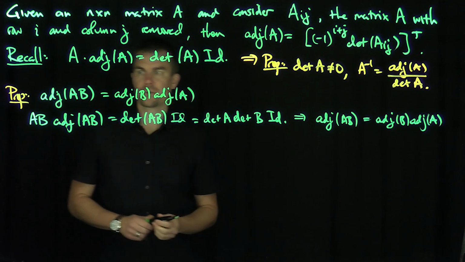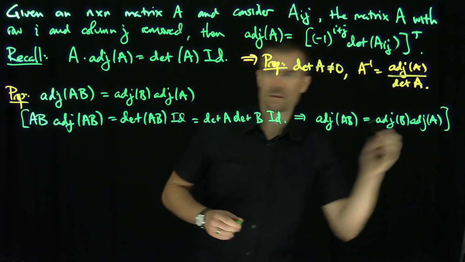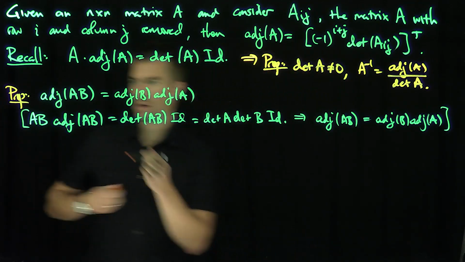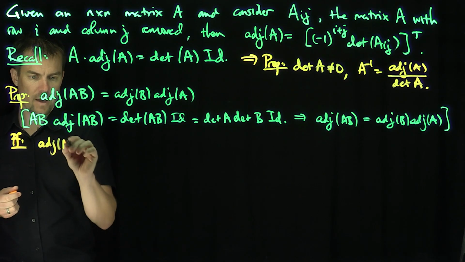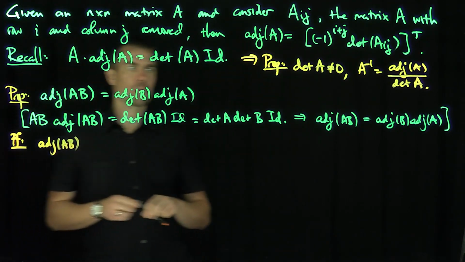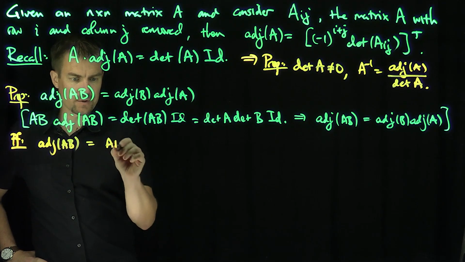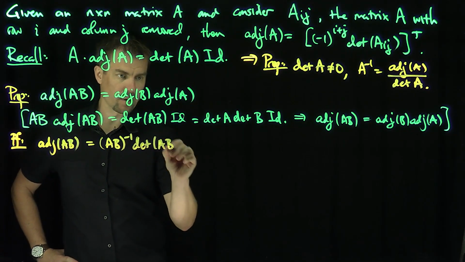In other words, we can use this idea to construct a formal proof of this fact. So the adjugate of AB, proof: the adjugate of AB will be equal to (AB) inverse times the determinant of AB, assuming they're invertible, of course.